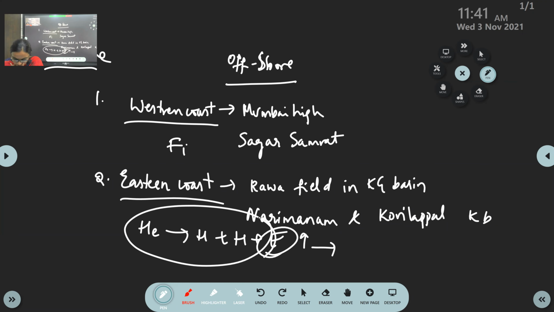Uranium distribution. Uranium found in Jharkhand, Meghalaya, Andhra Pradesh, and Rajasthan.